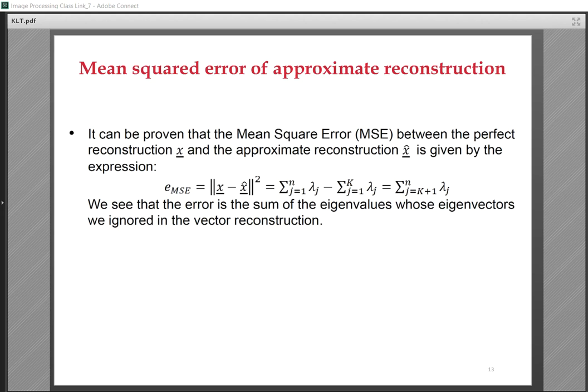Mean squared error of approximation, or approximate reconstruction, or X hat. It can be proven that the MSE, the mean square error between the perfect reconstruction X, the original X itself, and the approximate reconstruction X hat, is given by this expression.